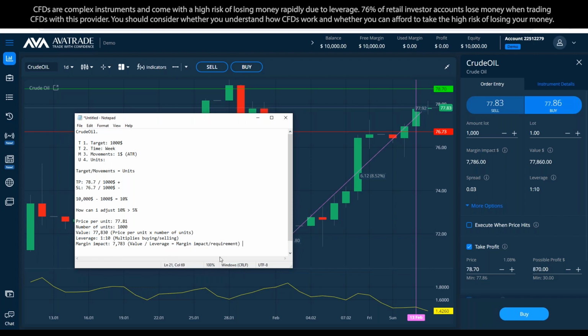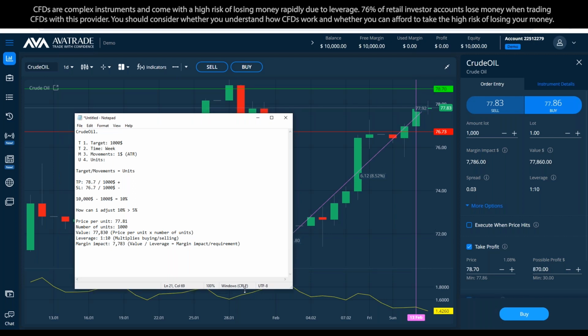Right, so how is this any help? Because the margin impact equals the necessary amount to open a position.